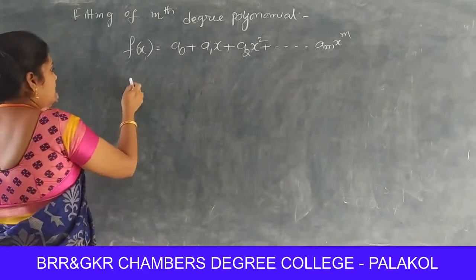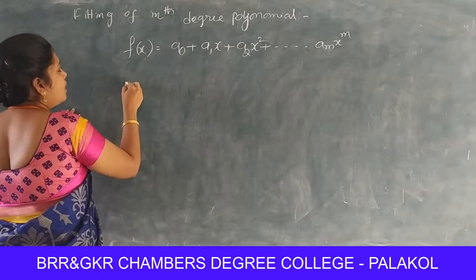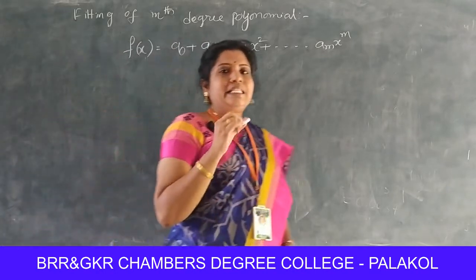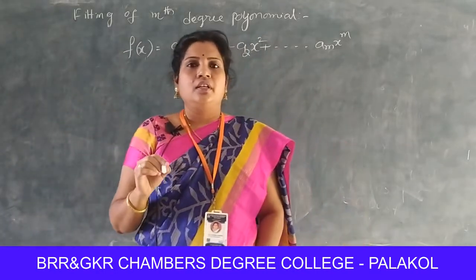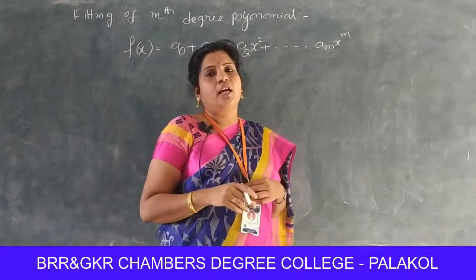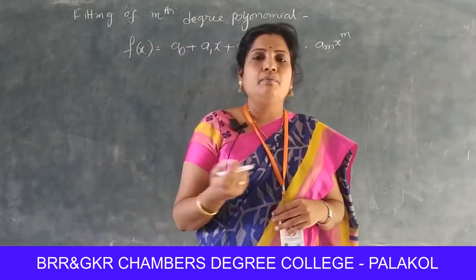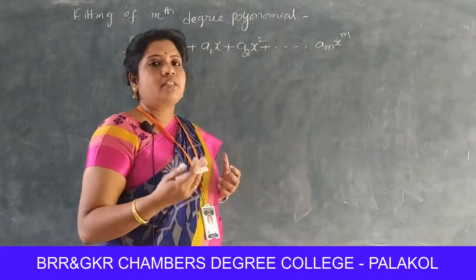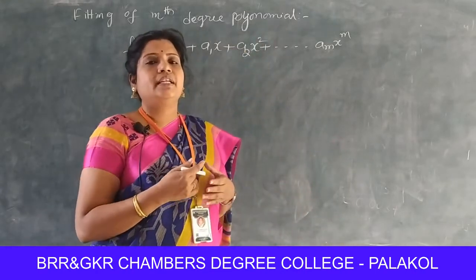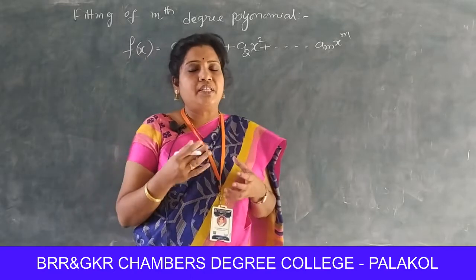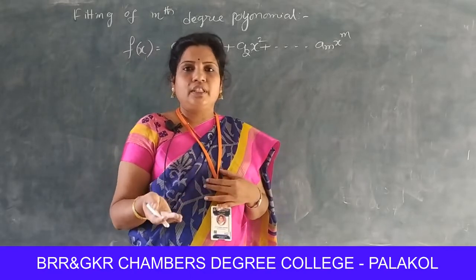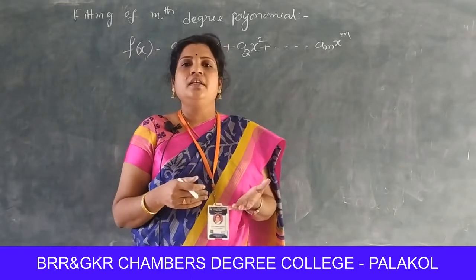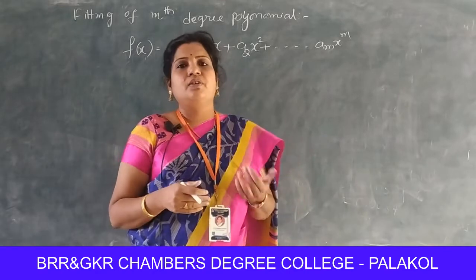Now our procedure is the least squares procedure. Already we learned about the fitting of a straight line by using the least squares procedure. The least squares procedure is the mathematical process of finding a best fitting curve according to the data by minimizing the sum of the squares of the errors.